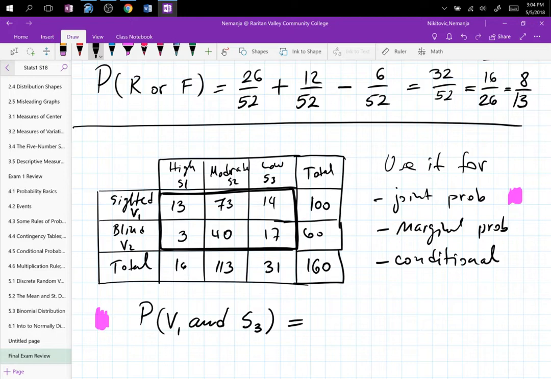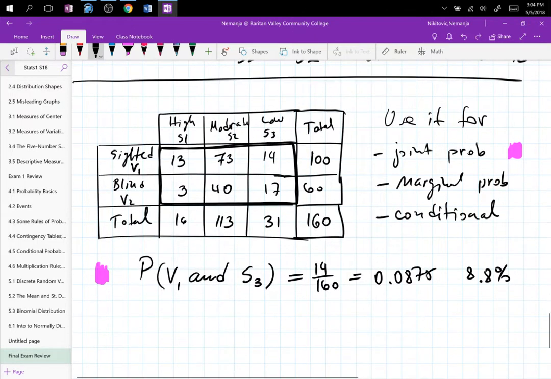V1 and S3 is 14 over 160. 14 divided by 160 is 0.0875. I'll just say 8.8%. So that would be joint probability. You pick a value and then you do that.